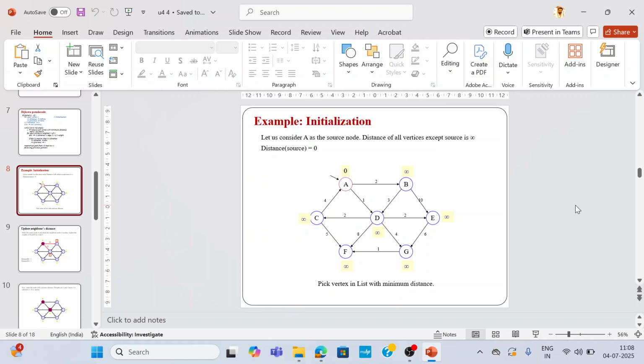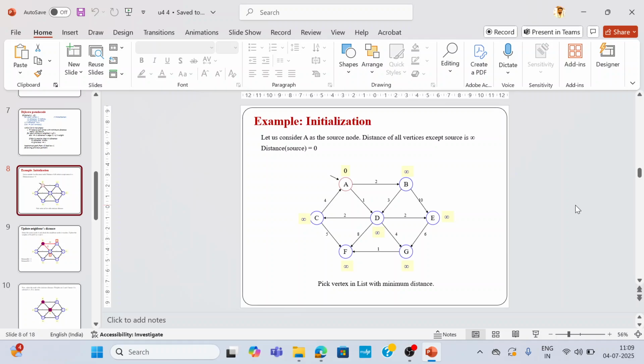It works by repeatedly picking the nearest unvisited node and updating the distances of its neighbors until all nodes are processed.